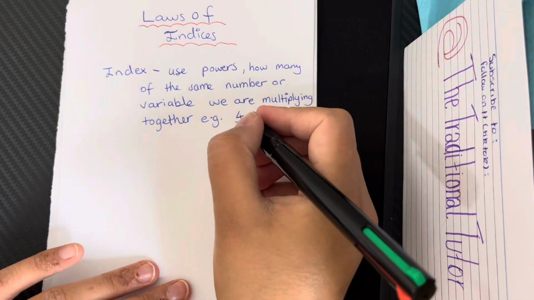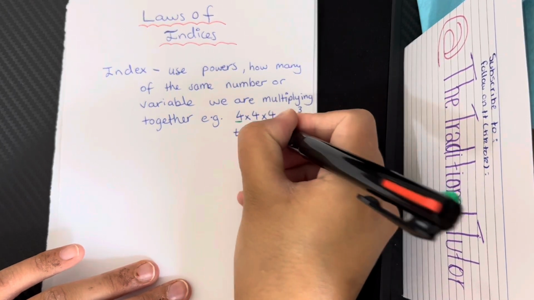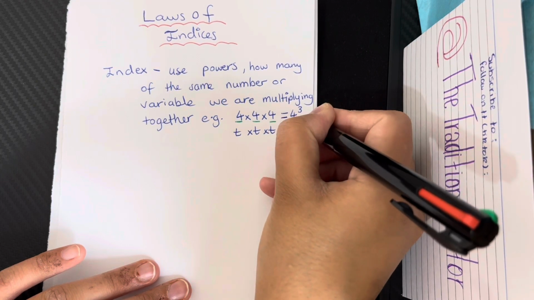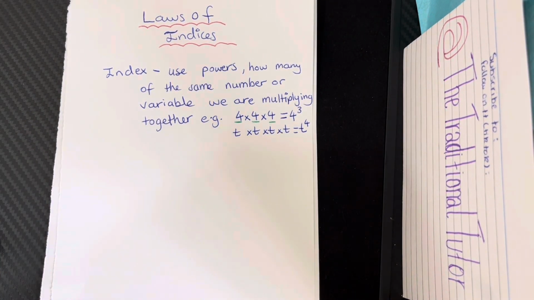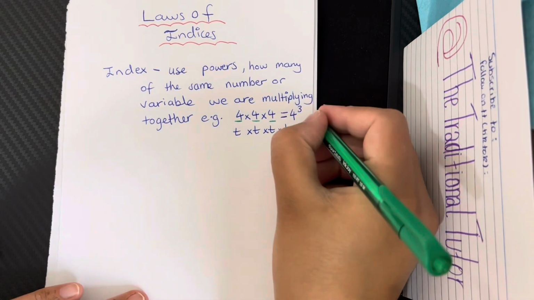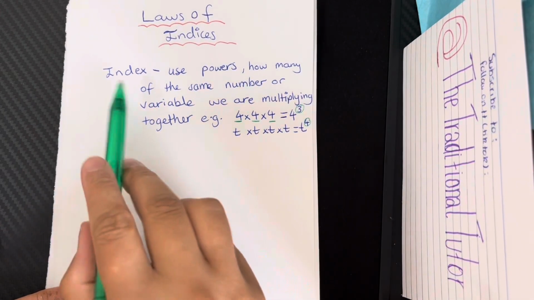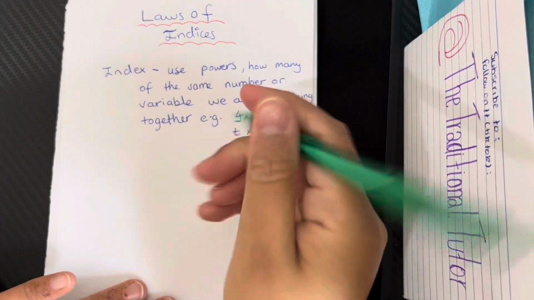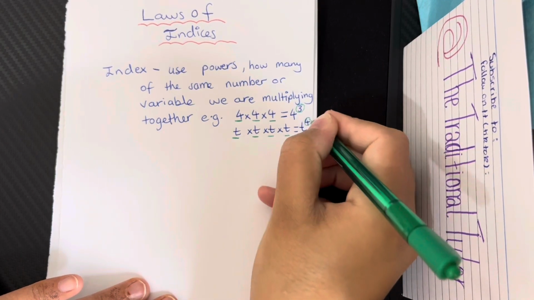Then if we took some variables like t times t times t times t, that would become t to the power 4. We don't really say t to the index 4, we just say t to the power 4. But the 4 and the 3 are what we mean by index number. I'll just underline the number of t's so we can relate that with our power.